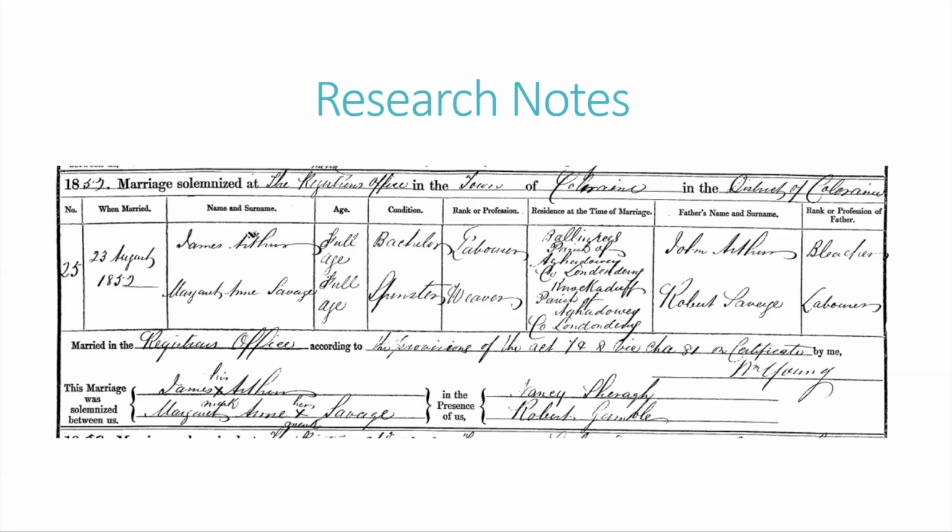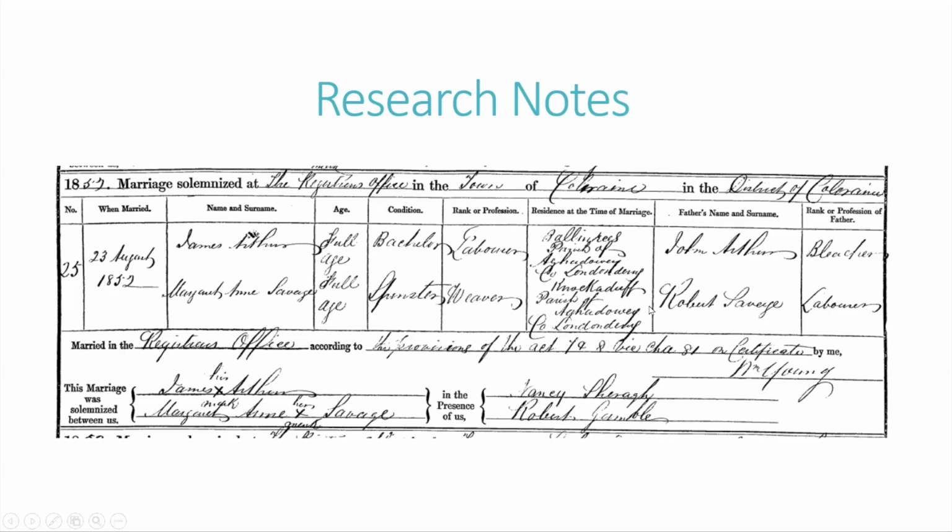But when I looked at the Irish genealogy, I have a potential marriage. The only thing is that it is quite a distance away, in Aghadowey, so I'm really not sure whether it is the same couple.